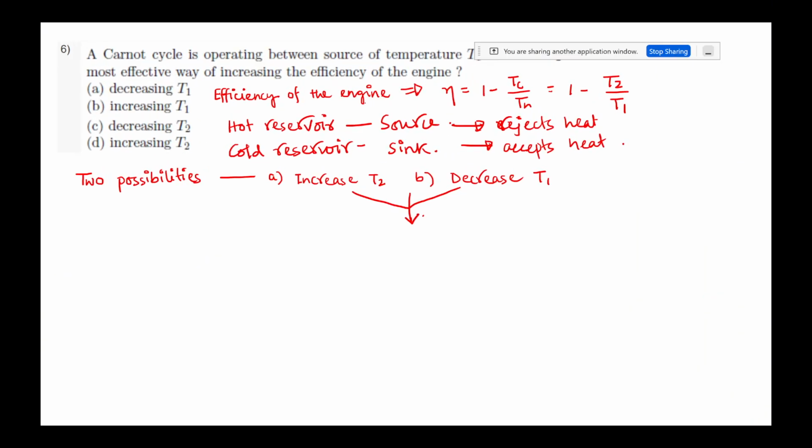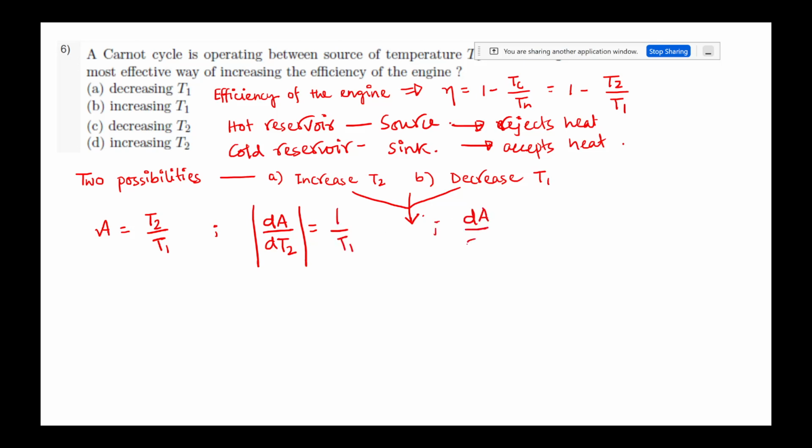So what we have to get is this expression, A = T2 by T1. Now let's differentiate with respect to T2. What is dA by dT2? That is 1 by T1.